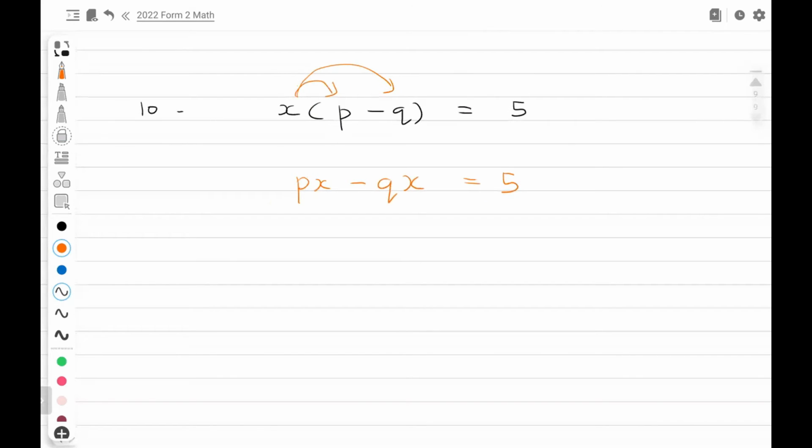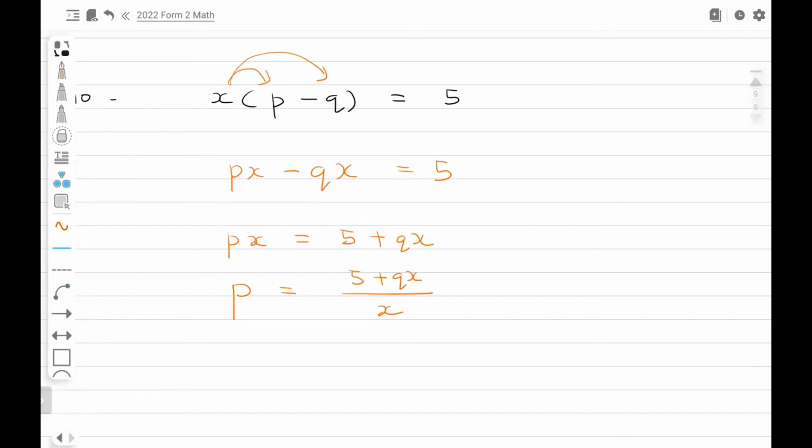Any method can, as long as you know how to do it, that's the best method. px equals 5 plus qx. We want P only, so P equals (5 plus qx) over x. Move x down.